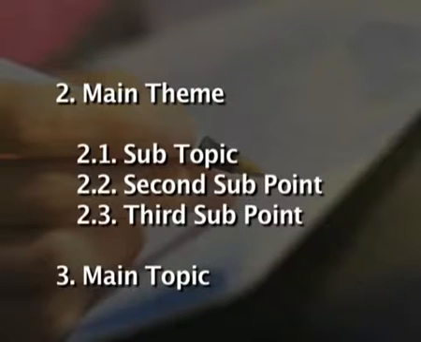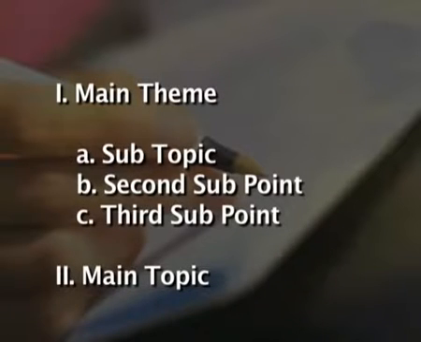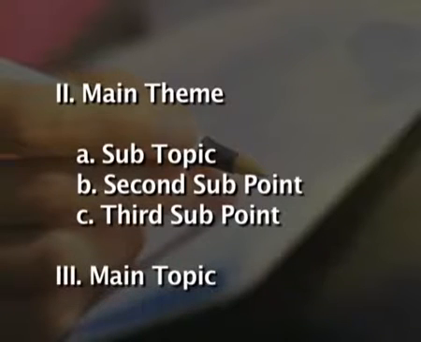And again 2.1, 2.2, 2.3. It's a very linear way of making notes. Or some people use Roman number 1 and then A, B, C for subpoints, Roman number 2 for another main heading and then again subpoints A, B, C. So this is a very common thing among the students.